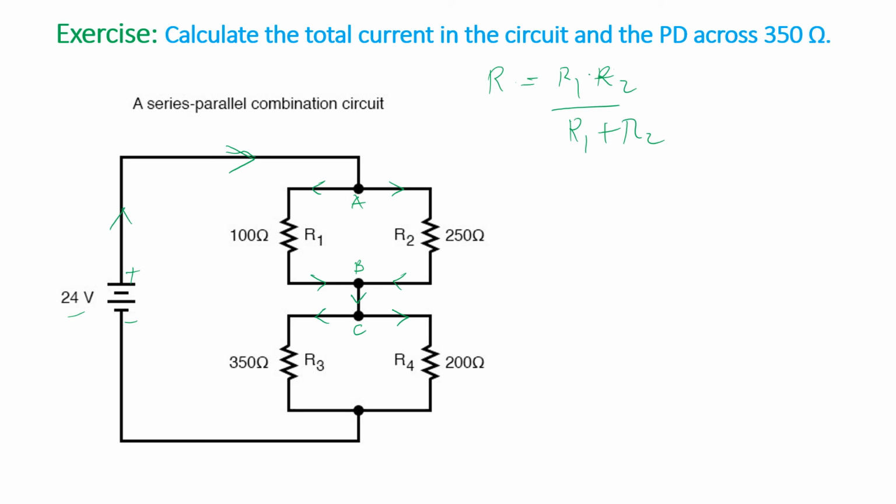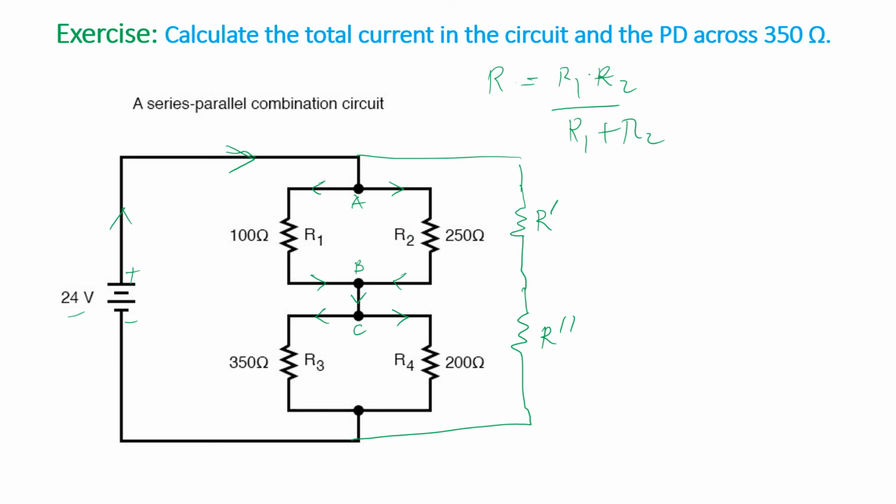When you combine R1 and R2, you have only one resistor, and when you combine R3 and R4, you also have one resistor connected like this. Let's say that is R prime and that is R double prime. So R prime and R double prime are going to be in series.